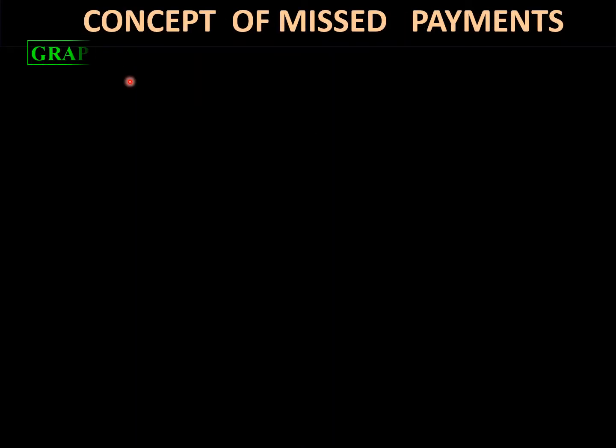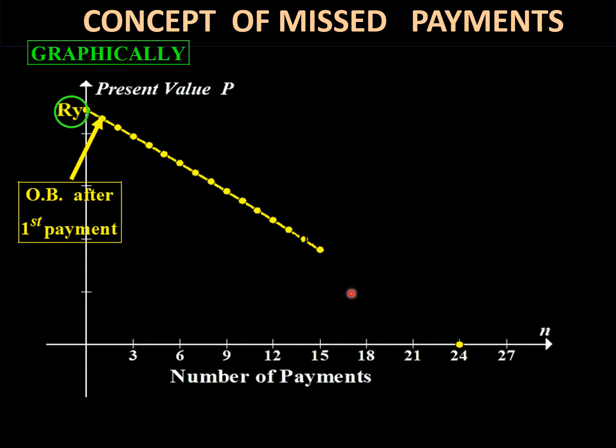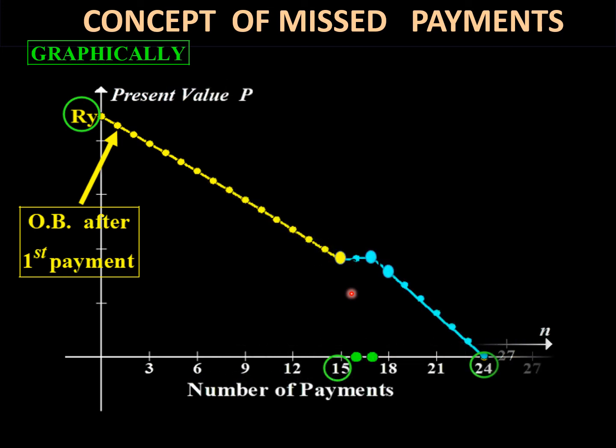Let's also look at it graphically, maybe to give you an even better understanding. You can see there's your normal payments until you reach payment number 15. Up to number 15, no problem. And then you missed 2 payments. You made your payments as usual until you reached 15. Now here we have a problem occurring.